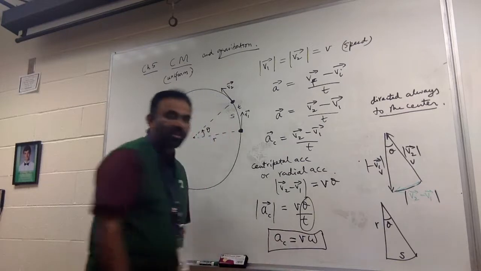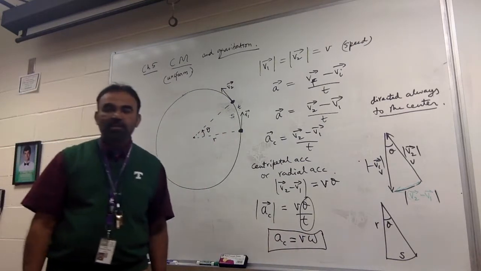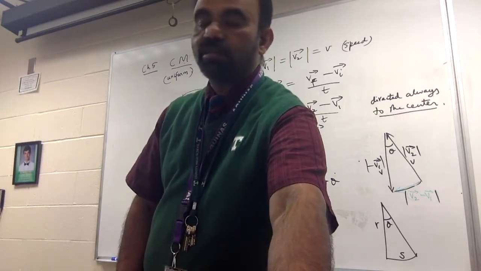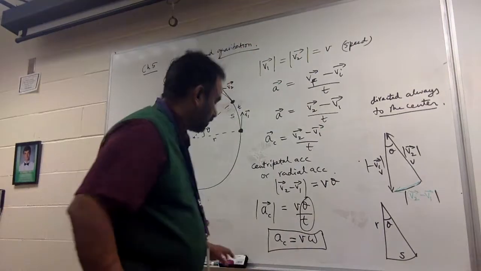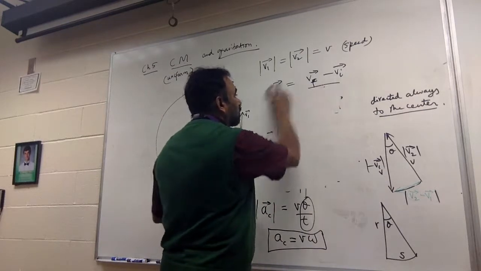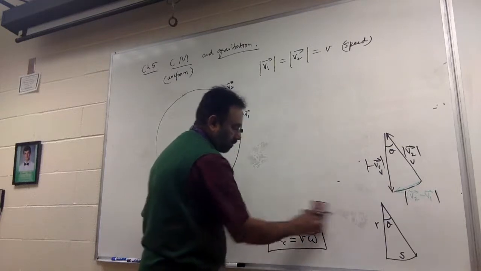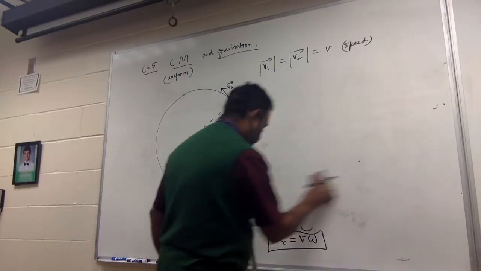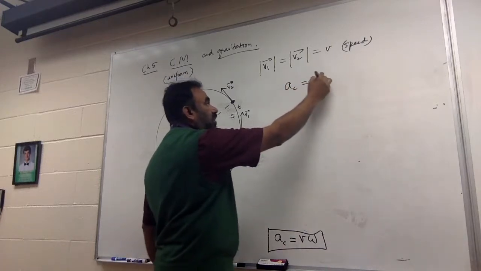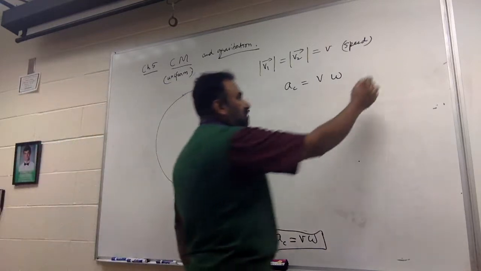So we have an equation for centripetal acceleration, which is the linear speed times angular speed. Linear speed times angular speed is the centripetal acceleration. So centripetal acceleration is equal to v omega. But what is v?